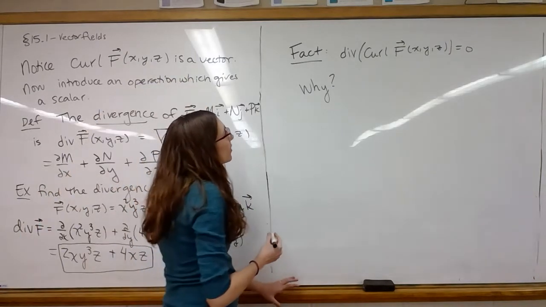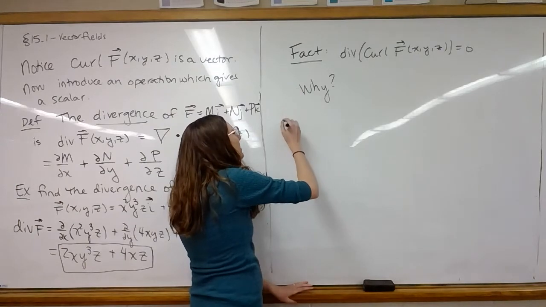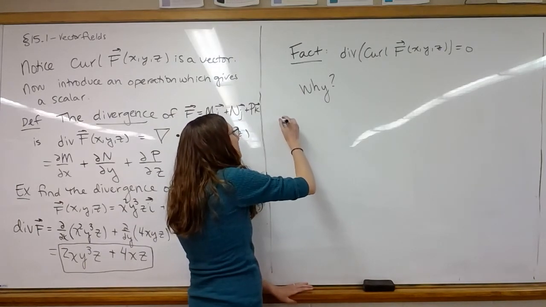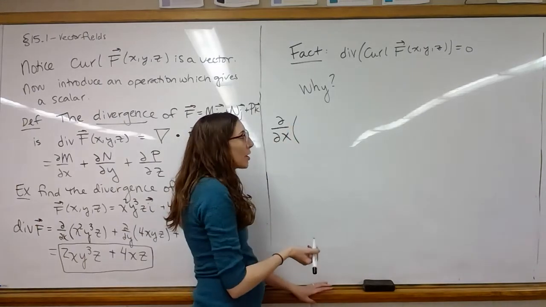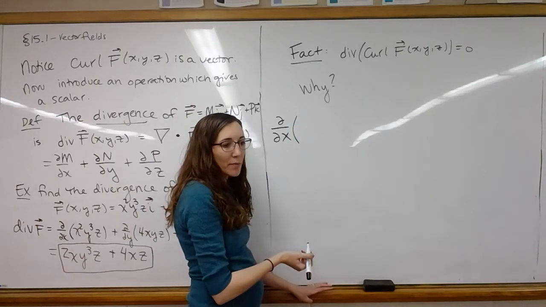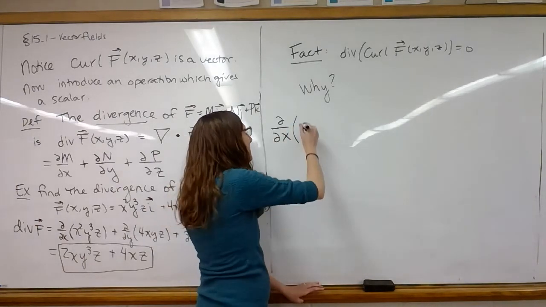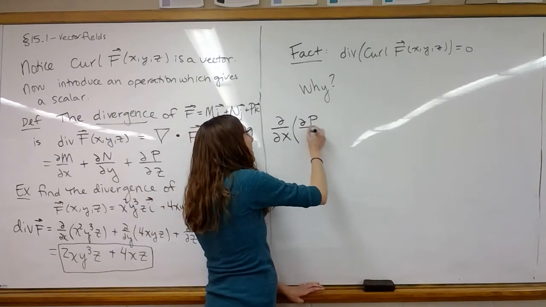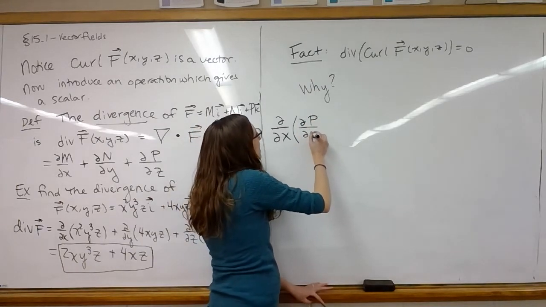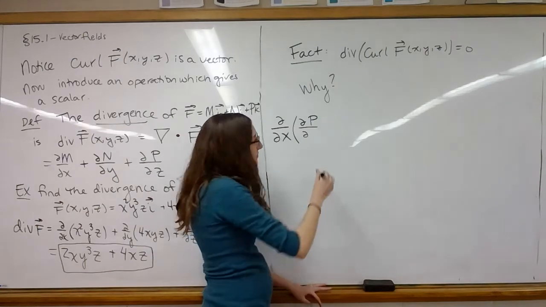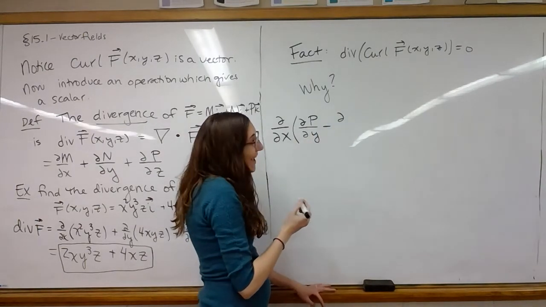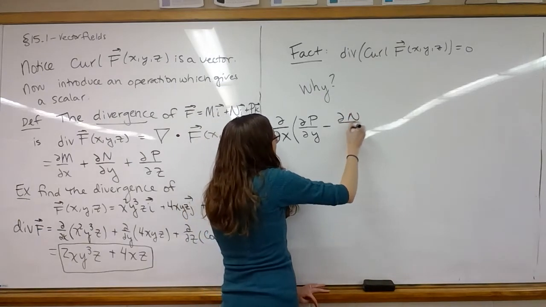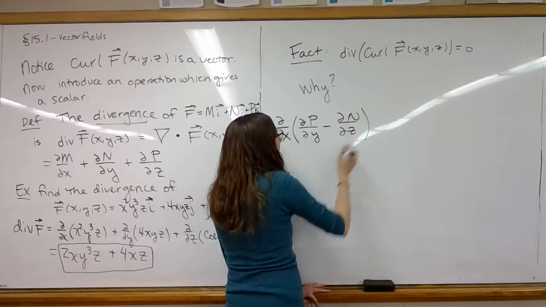If we think about what the divergence is going to do, it's going to take a partial with respect to x of the first component, the i component. If you remember what that first component was, it was the partial of p with respect to y minus the partial of n with respect to z.